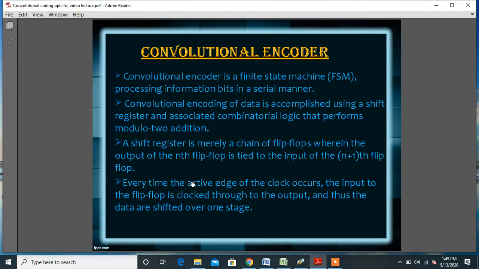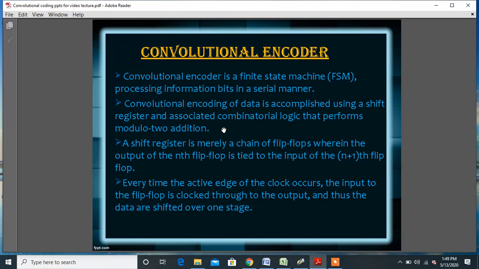Convolutional encoder. So we will start with the encoding process. The encoder is an FSM, that is a finite state machine, which processes information bits in a serial manner. Convolutional encoding of data is accomplished using a shift register and associated combinational logic circuits. We have to design the encoder.